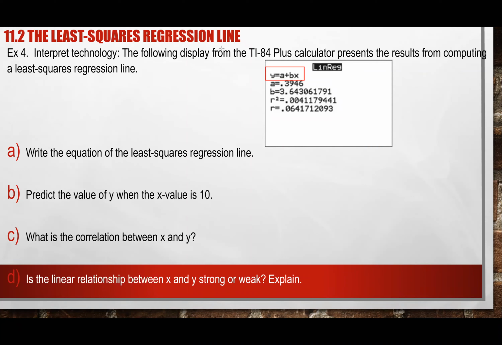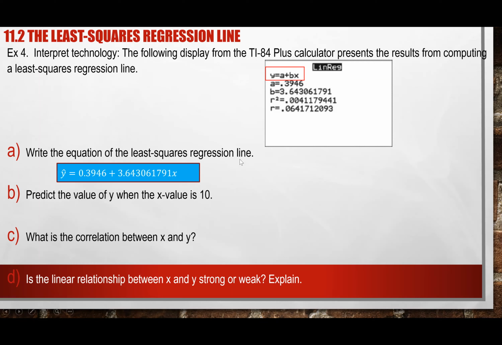So how do you write the equation of the line? All you need to do is extract the a and the b and put them in their places. Your x and y will stay the same. We take the a, which is 0.3946, plus the b, which is 3.643x.